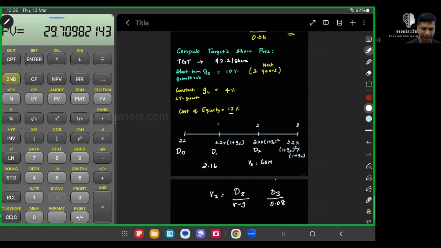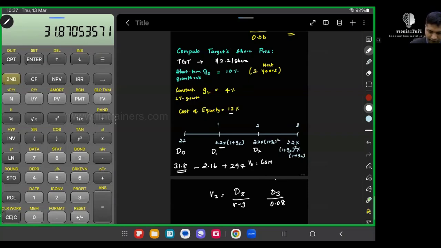Store it in your second memory slot. Recall 1 plus recall 2, and you get the answer as 31.87. This is your valuation today: my 2.16 plus the 29.7 we got here is 31.8.